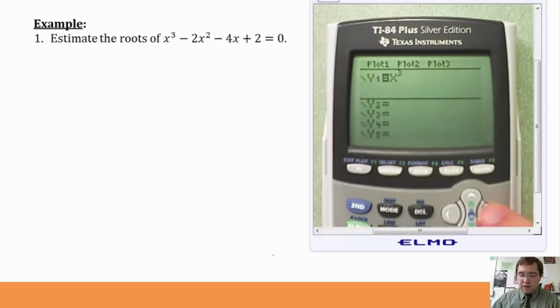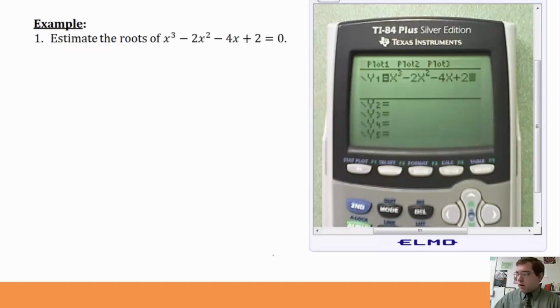Use the arrow button to move out of the exponent. Do minus 2x, and there's an x squared button on the left-hand side of my calculator, minus 4x plus 2. X cubed minus 2x squared minus 4x plus 2. I put it in my calculator under y1.